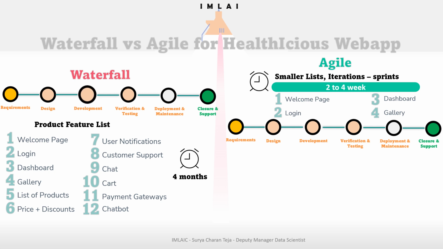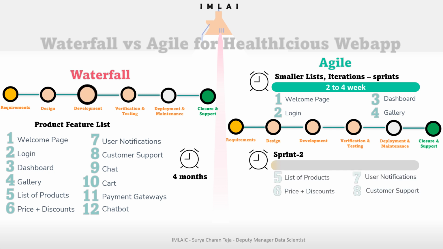Now again the product owner will get back to the customer and ask for more requirements. Now we have gathered the list of products, user notifications, price plus discounts, and customer support.